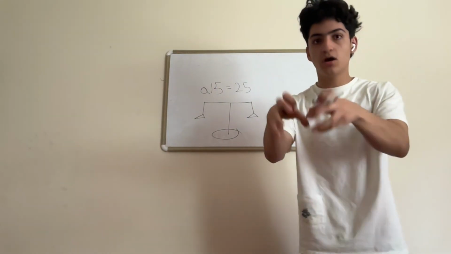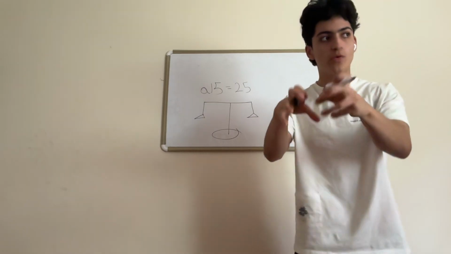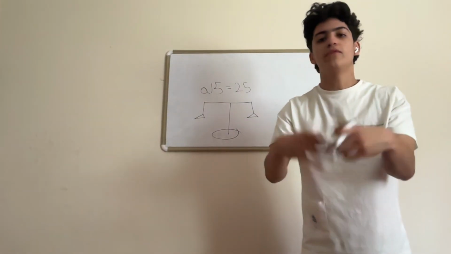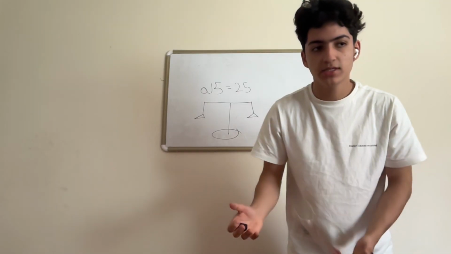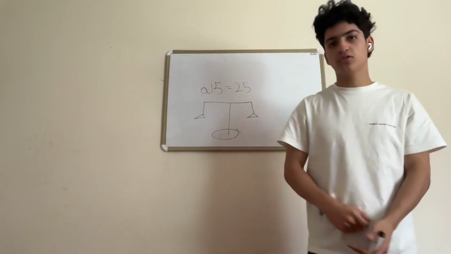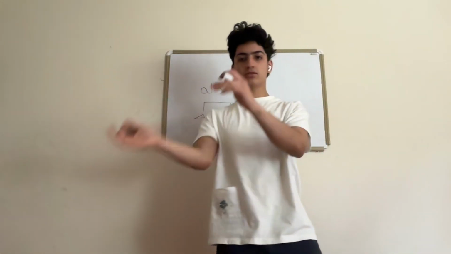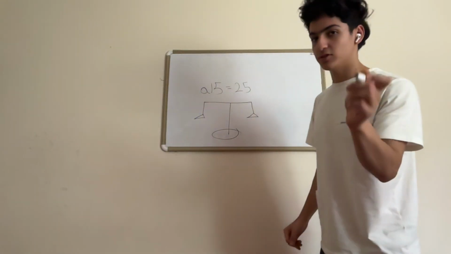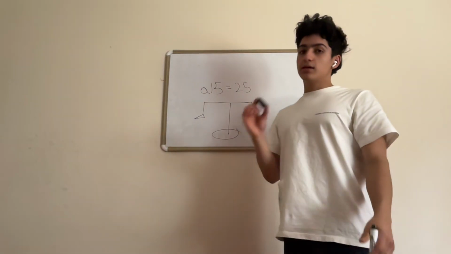What does that mean? Undo. What does that mean? Do the reverse of. What does that mean? Do reverse PEMDAS. So do PEMDAS literally the other way around. So if addition slash subtraction was the last thing we needed to do, that's the first thing we need to solve for. And that's the thing here.